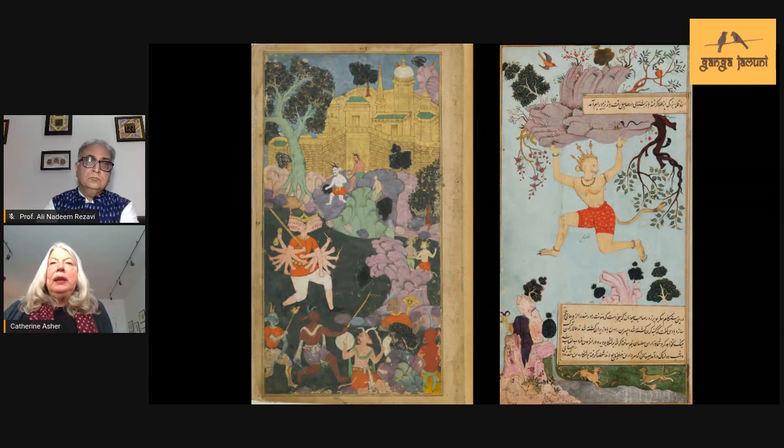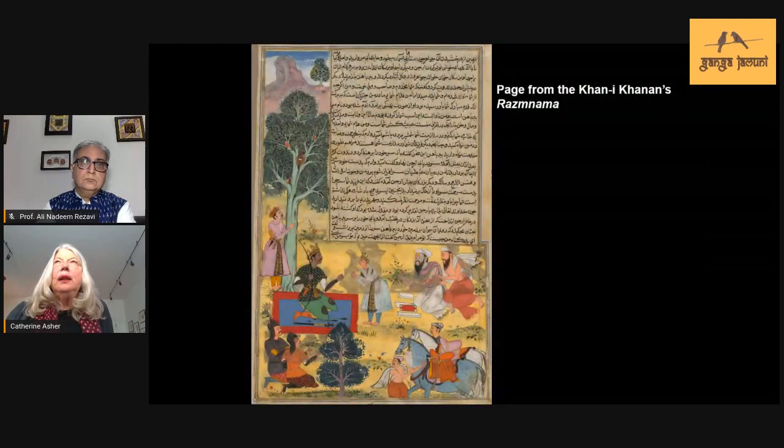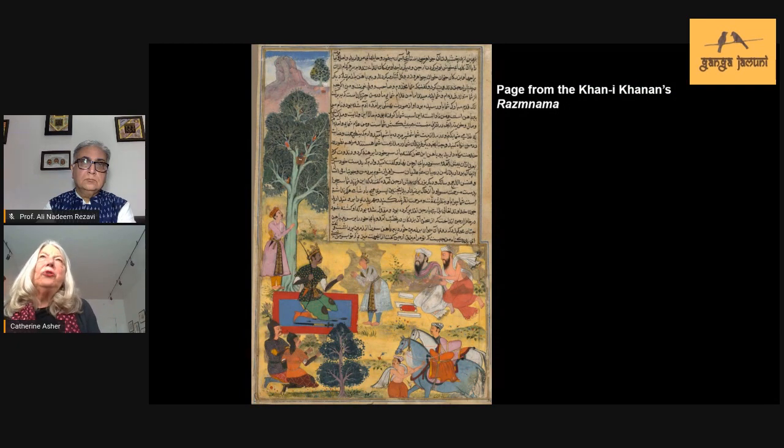In other words, he is emulating Akbar's political message. He is promoting this policy by having his own manuscript made. He also had a Razmnama, that is a Persian translation of the Mahabharata, done as well, of which I show you a single page here.